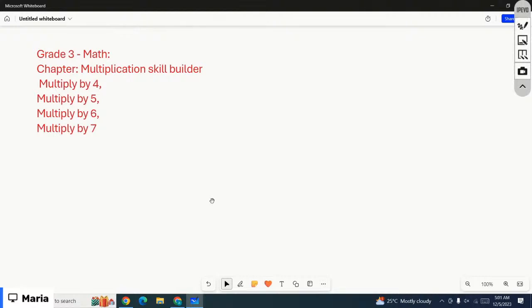We are here for grade 3 math. You can find all the lessons on aplusstudents.com. You have to log in there using your email address, and the password is provided by the administrator.